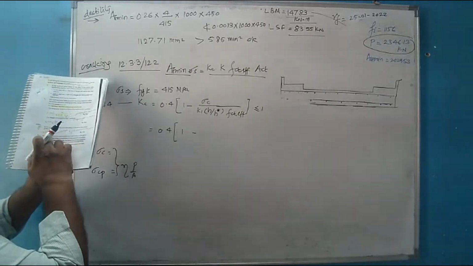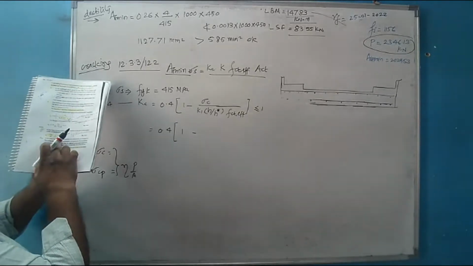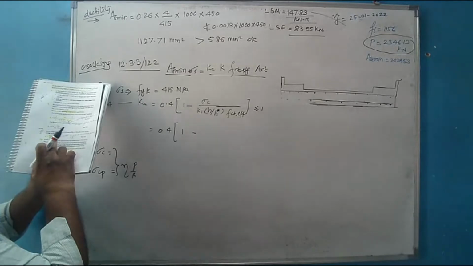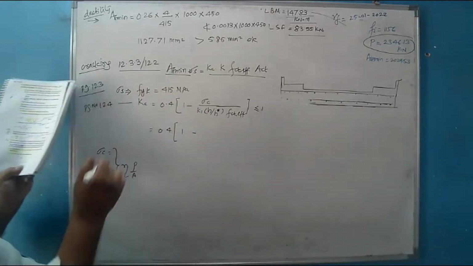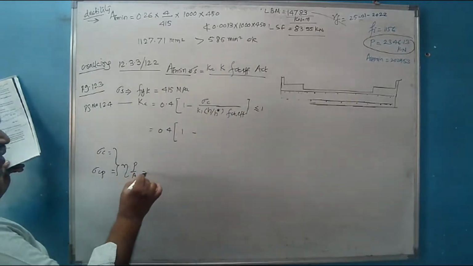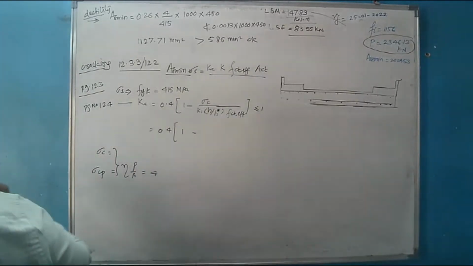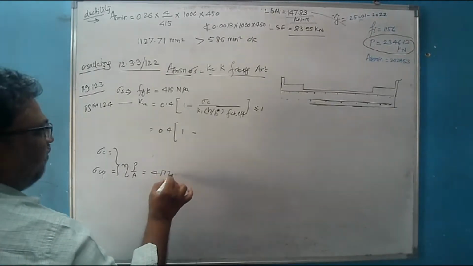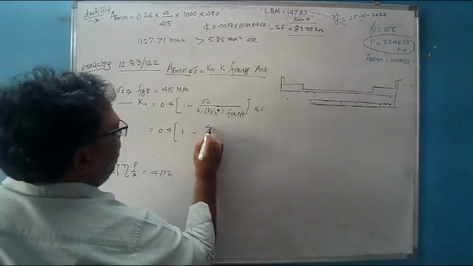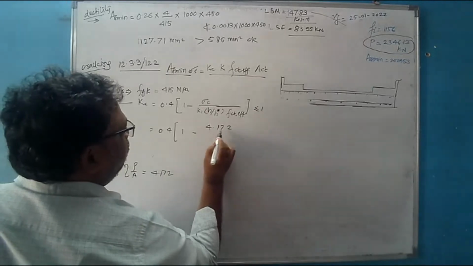Sigma c, NEd divided by bh. What is NEd? Axial force. bh, it is the area. So P by A we have taken earlier, that sigma cp, it is the same thing. How much was it? 4.172. So this value is already available with us. So it is 4.172 divided by.